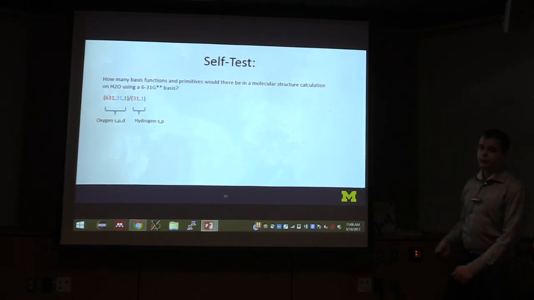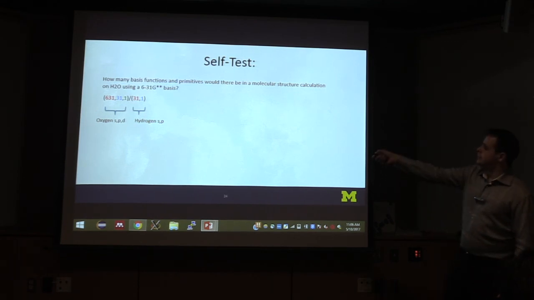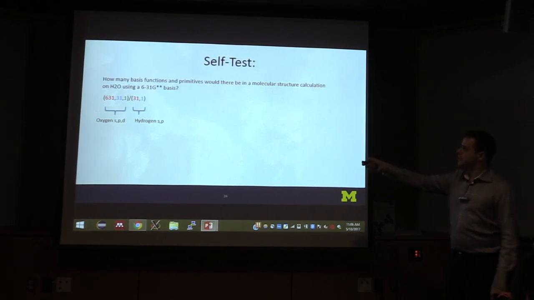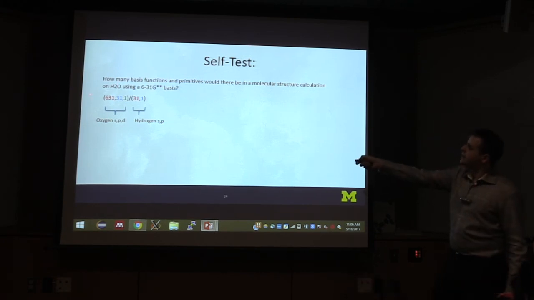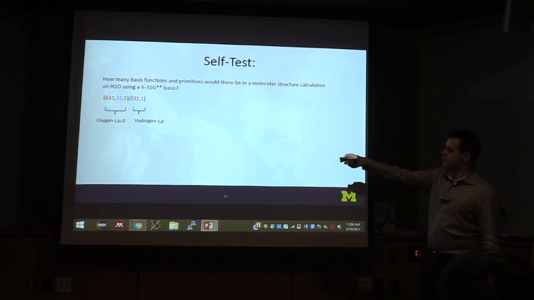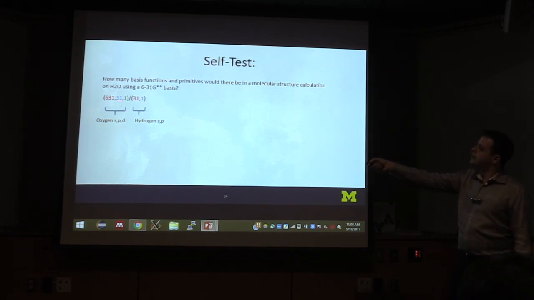I've needed to count them before because I wanted to look at specific orbitals. So in order to count the number of basis functions on water using this basis set, we could write out the notation for the basis set.